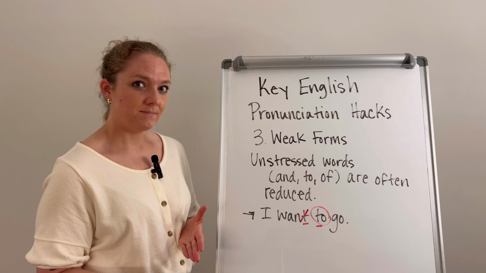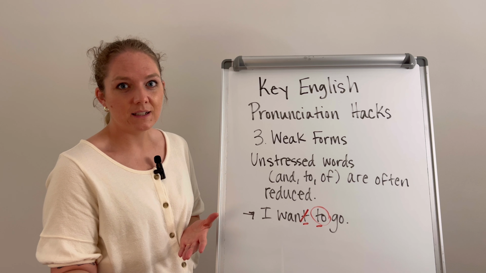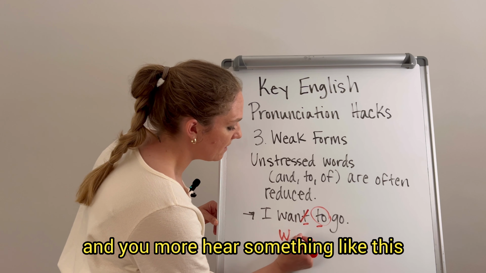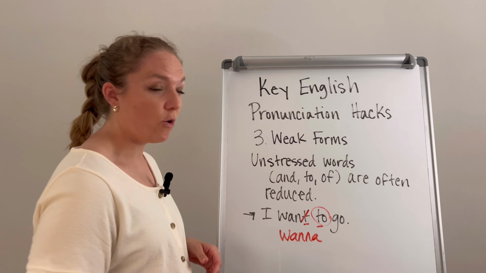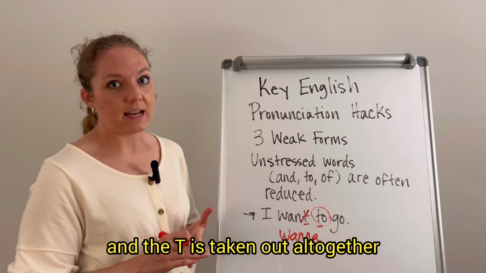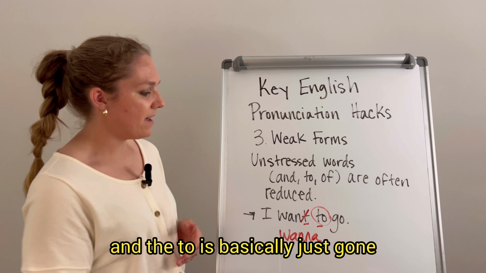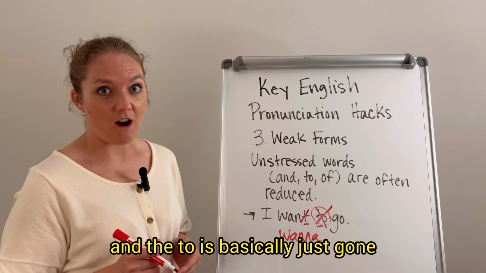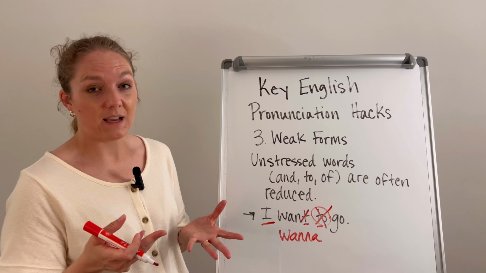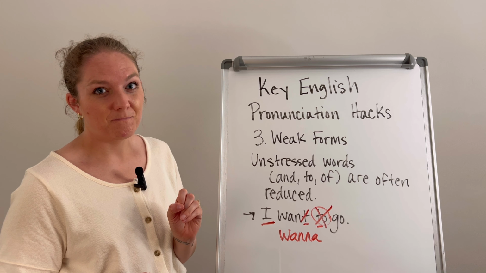If I was saying this just in normal everyday life and I said, oh, I want to go, in that case, you don't really hear the T at all, and it sounds more like just the N sound, and the T is taken out altogether, which is okay. The meaning of the sentence still comes across, and the "to" is basically just gone. The "I" is also very quiet and almost reduced. It's a very short sound at the very beginning of the sentence.